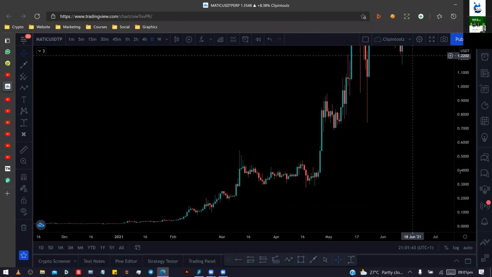The next one is moving average support and resistance.